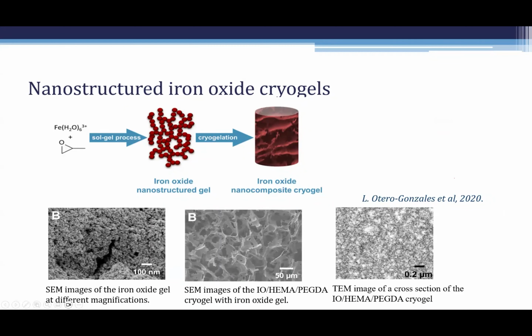We also eliminate another drawback which happened when we tried to mix nanoparticles, which have high density, with polymer solution. We have deposition of nanoparticles during the cryogel formation, and then uneven distribution inside of the gel. Using this method, we actually avoid that, and we have even distribution of nanoparticles inside of the cryogel.